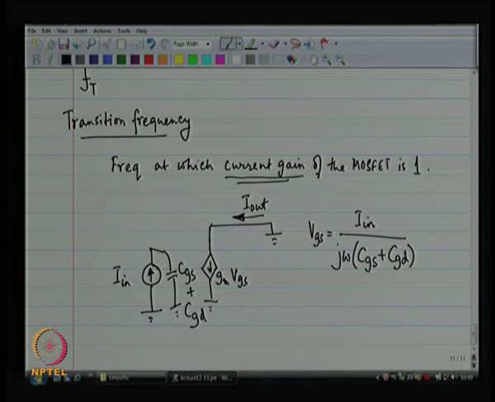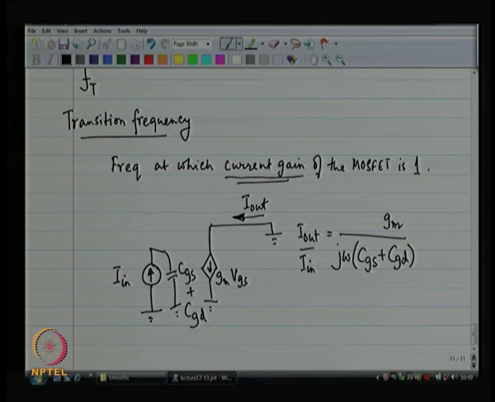So, V gate to source is I in divided by j omega (CGS plus CGD), and once I know VGS, I know GM times VGS, and that is going to give me I out. So, I out by I in is going to be this quantity. So, this is my current gain.